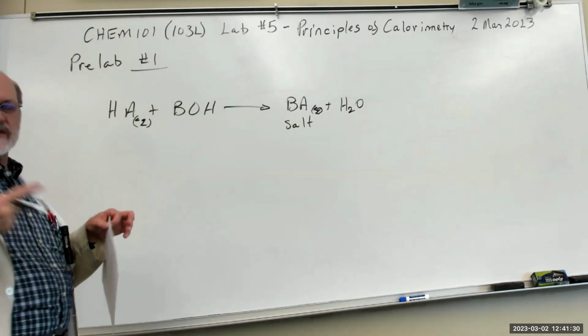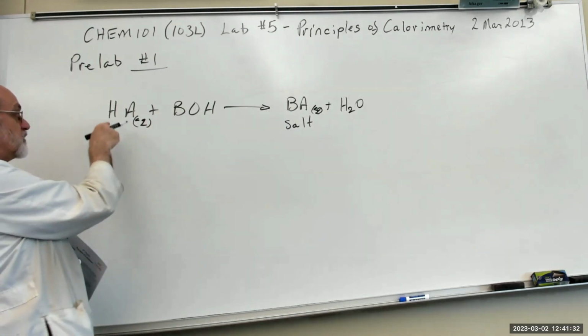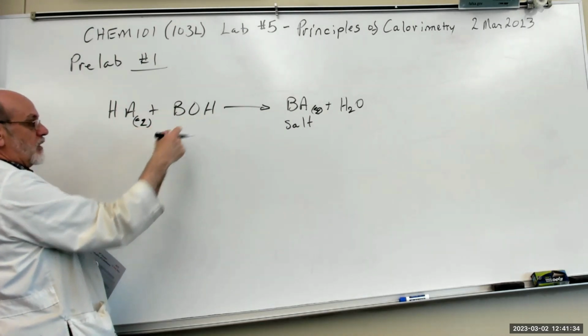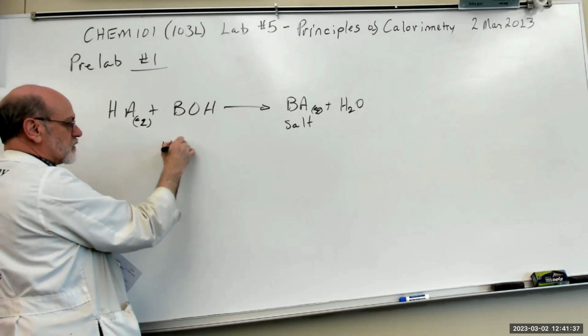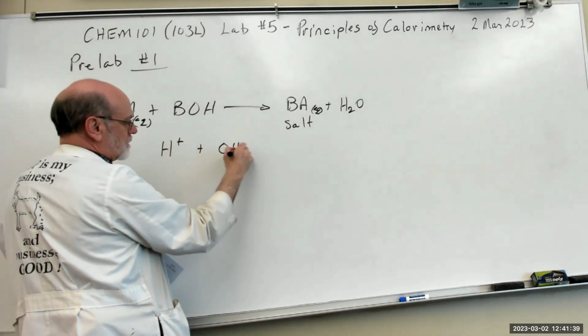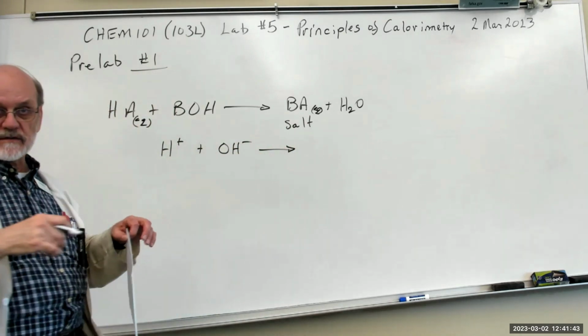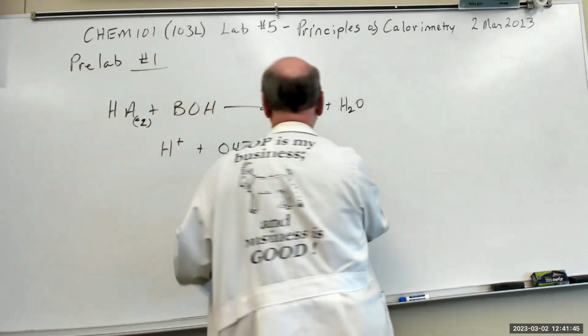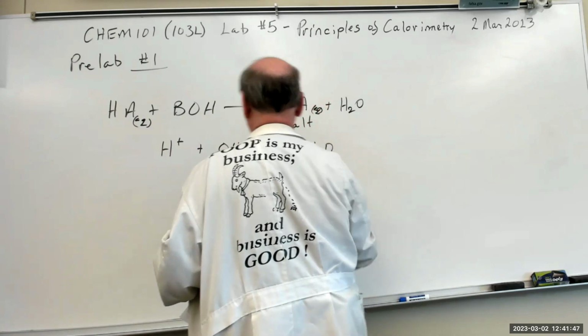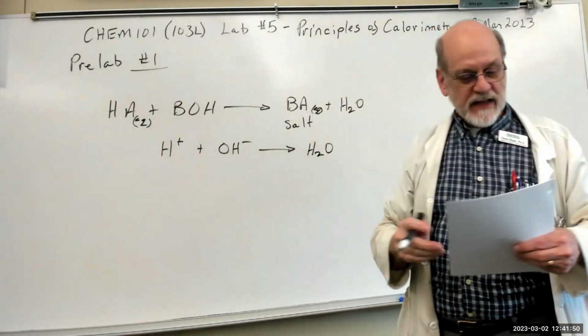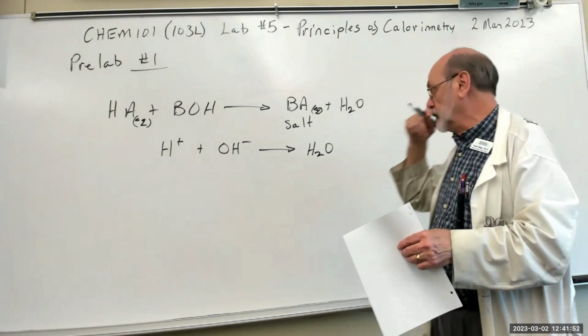So the real business of the reaction going on is between this one and that one. This is the net reaction for acid bases: the hydrogen ion plus the hydroxyl yields water. That's what this first problem is talking about.